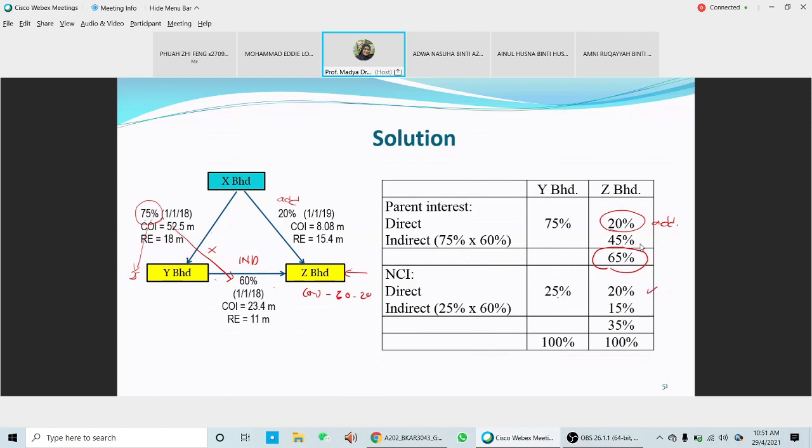So indirectly through Y here, this 25% times 60%, so you're going to have 15. So altogether, for the NCI, going to have about 35%. So make sure that when you total up, this figure should equal 100%. Okay, so this is a diagram. So next time when you answer this kind of question, please prepare this kind of diagram. It will help you much.